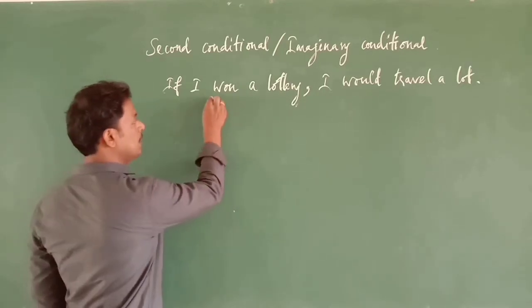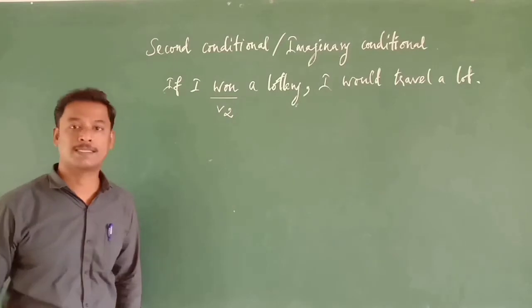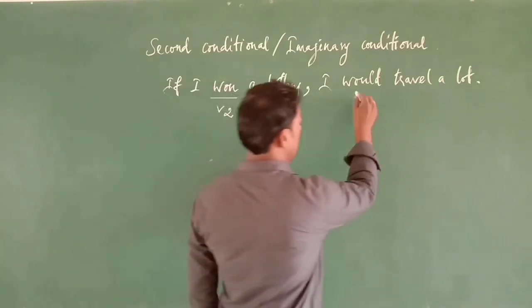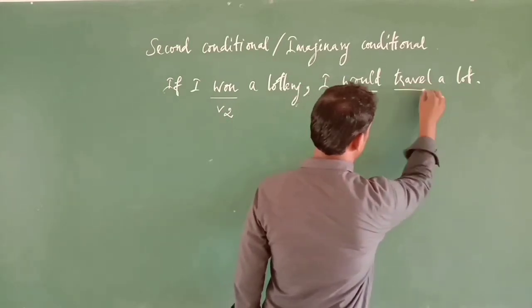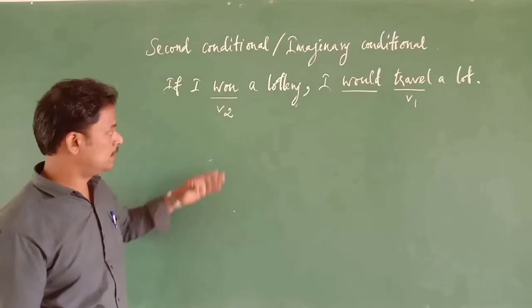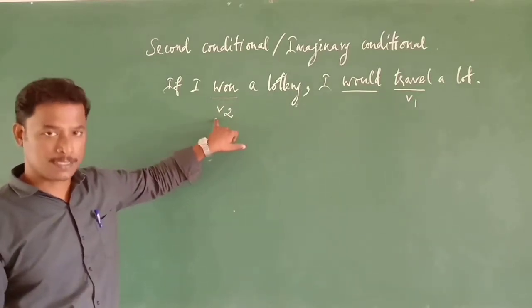Analyze this sentence. The verb applied here is verb 2, that is past simple. The result has would plus verb 1. Okay, analyze the sentence form. The condition is in past simple.